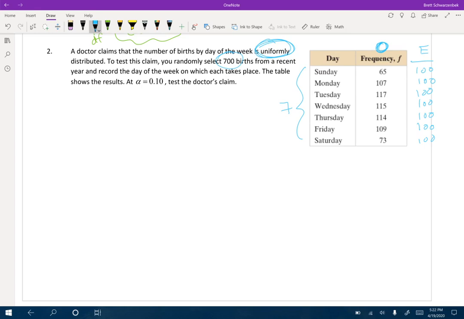So let's go through some of the problem here. So what's the null going to be? The null is a statement of equality, meaning the distributions are the same. So you would say something like the distribution of births is the same throughout the days of the week.